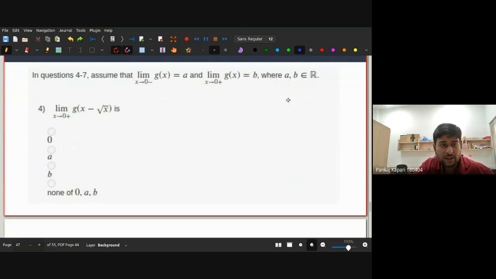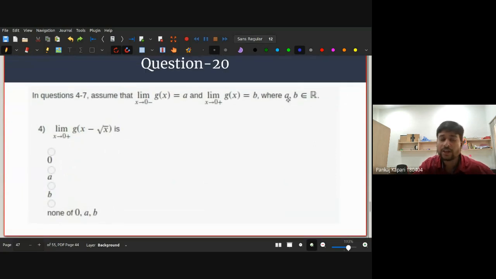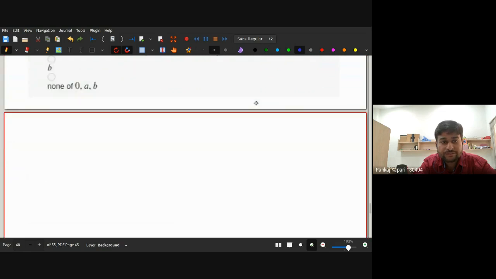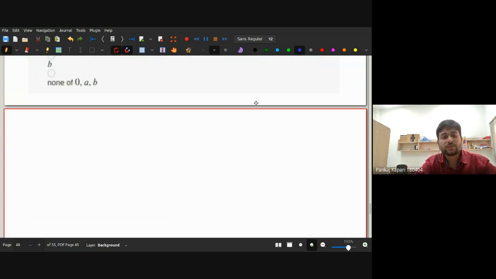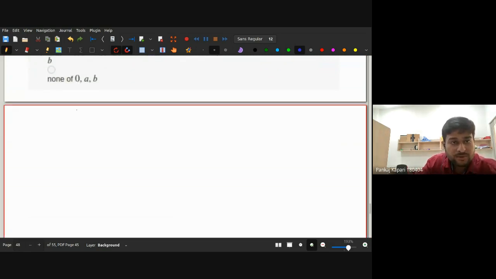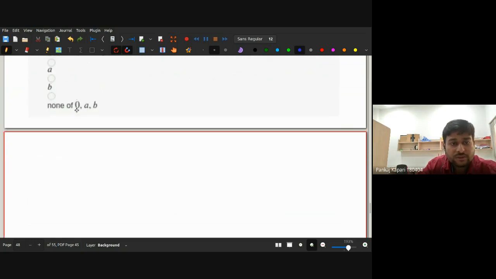Now, for the next four problems, we'll assume this condition holds. These are the same kind of problems which we have already discussed, and we are doing them again so that you will not have any problems when solving your assignments.